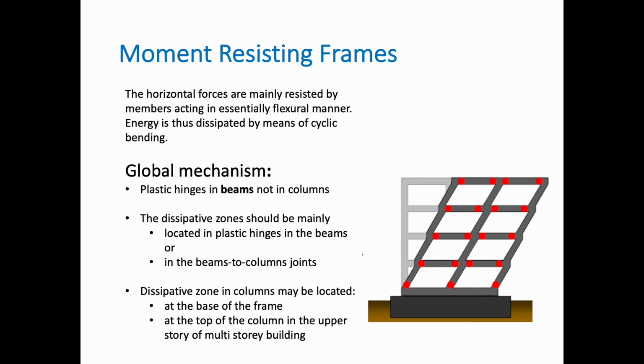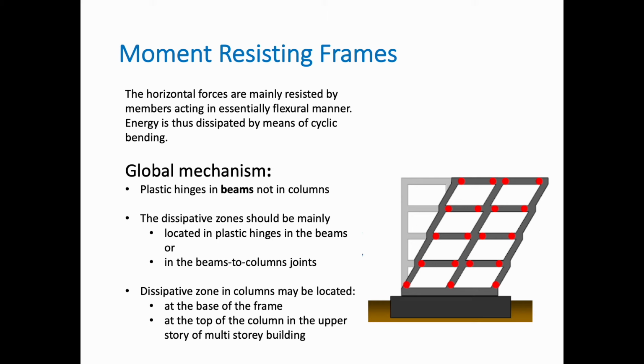The dissipative zones should be mainly located in the plastic hinges in the beams or in the beam to column joints. Again, this is not ideal, but it may be designed accordingly. Dissipative zones in columns may be located at the base of the frame, which is usually the area where we provide a weak point and we allow for some energy dissipation.